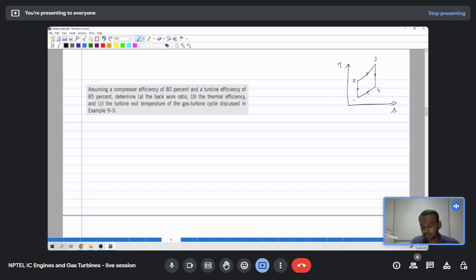Now since the compressor is only 80% efficient and is deviating from the ideal case, it will go somewhere like this. So it will end up in 2S or 2A, and similarly when it expands, from 3, instead of vertically coming down to 4, it would end up in something like this, 4.